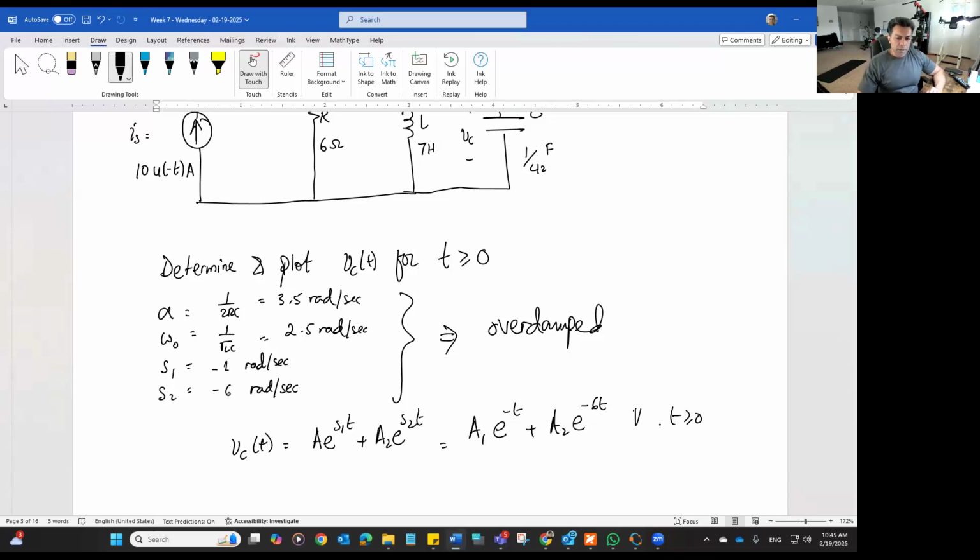A1 and A2 are the two coefficients that we are going to find using the initial conditions. We have not defined the initial conditions yet, so we're going to first find the initial conditions.